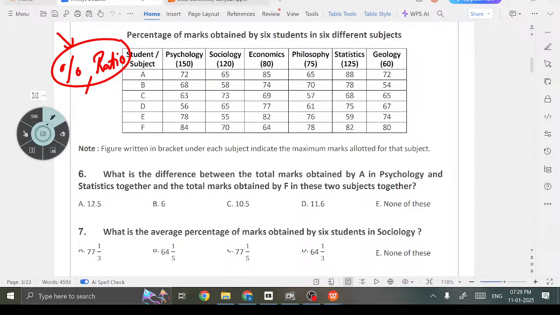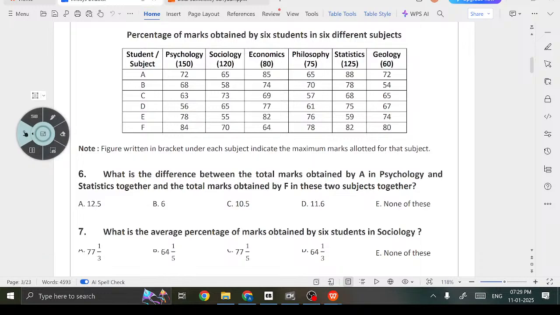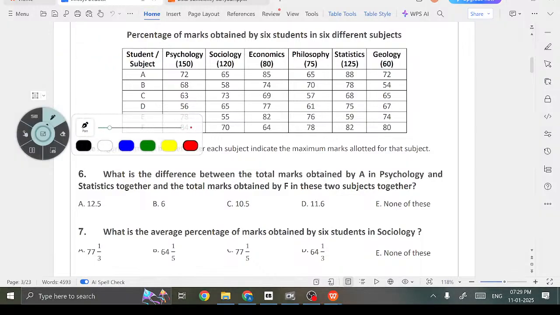I will send you this PDF. You solve the remaining questions. Sometimes in the PDF, there could be small mistakes, one or two, not many. Like here, there is a mistake, but it doesn't affect you.